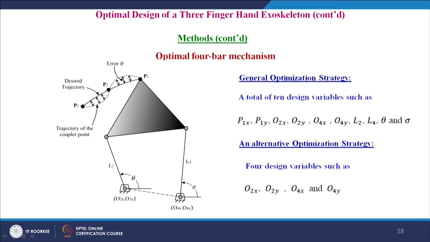That is, the discrepancy between the desired human trajectory and the actual 4-bar coupler trajectory must be minimized. That is the error here, which is given by the symbol phi.